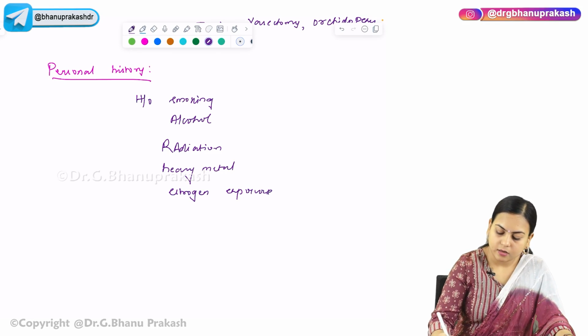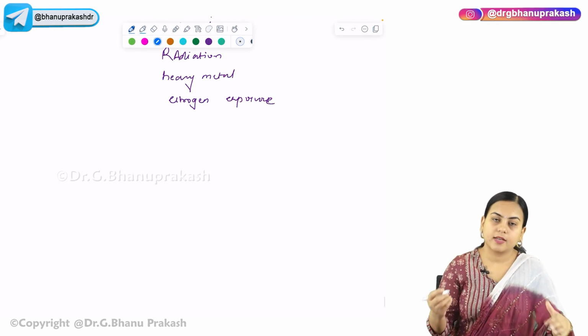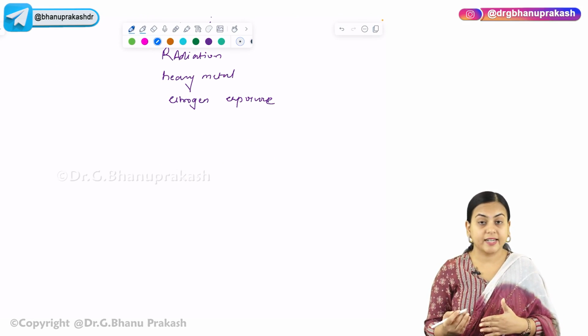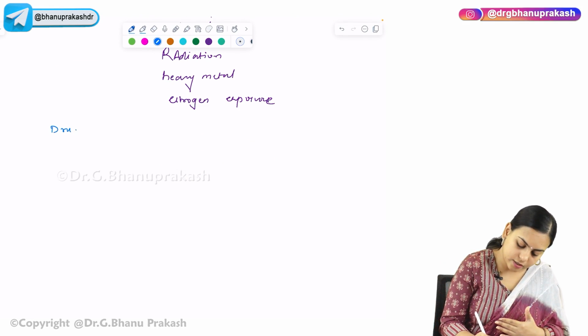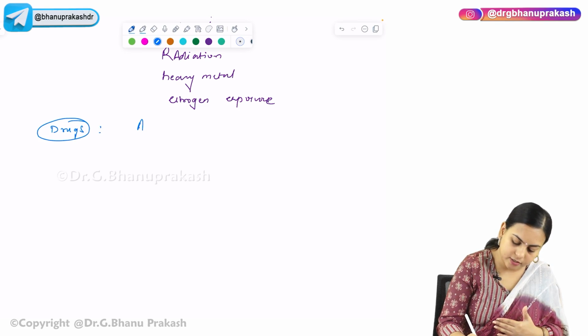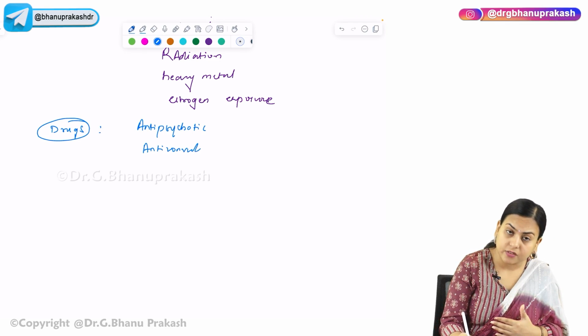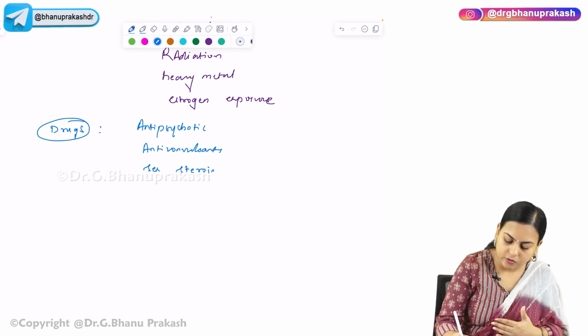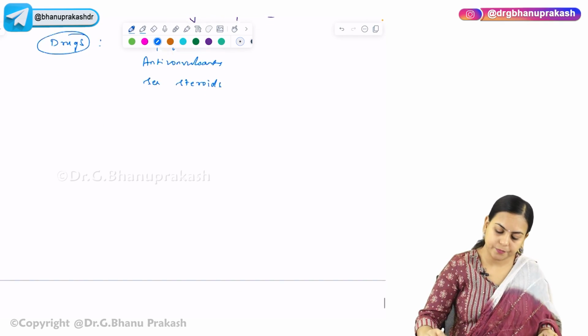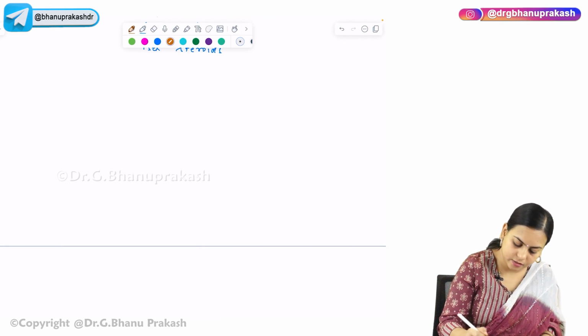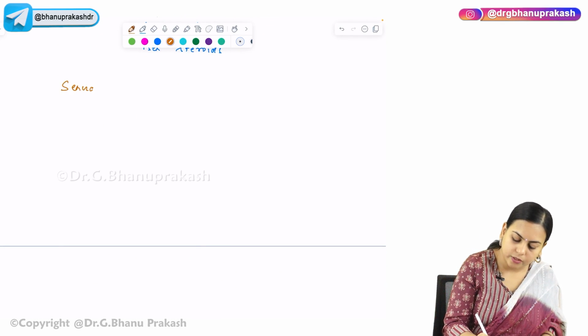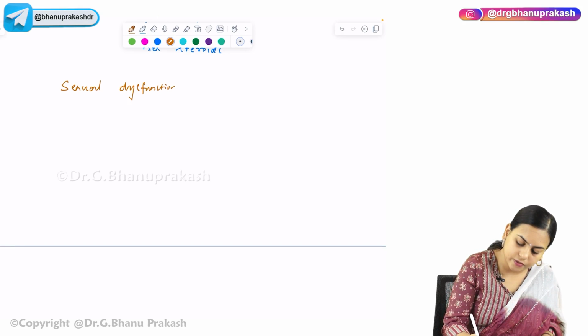Okay. Then you have to ask about the drug intake history as well. Okay. Certain drugs specifically to be asked are if they are on antipsychotic medications or any anticonvulsants or sex steroids like that. Clear? Next one is you have to ask about their sexual history also, if there is a history of sexual dysfunction in them.